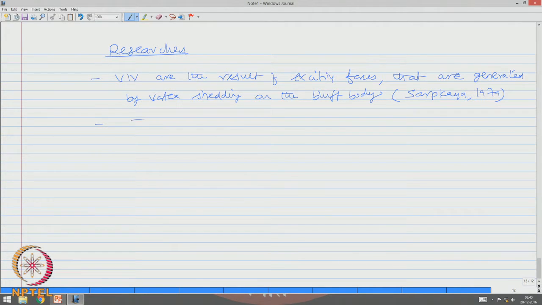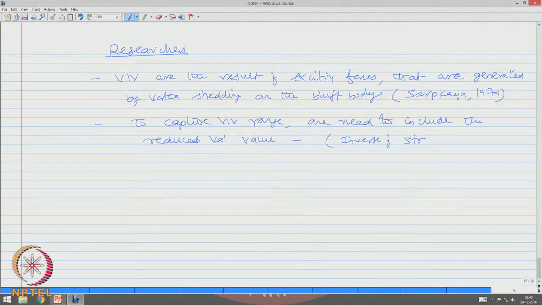If you want to capture the vortex induced vibration response range, one needs to include the reduced velocity value, which corresponds to the inverse of the Strouhal number, as said very clearly by Bearman 1984.